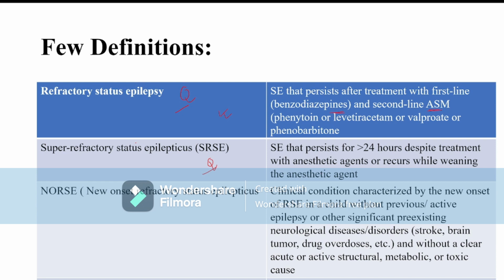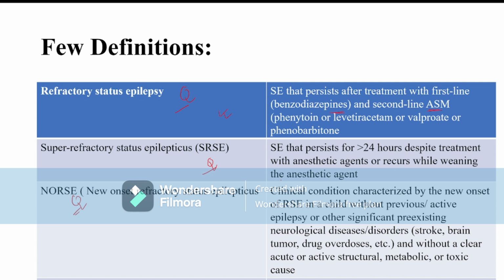What is NORS? This is all India MCQs. The full form of NORS is new onset refractory status epilepticus. That means the patient does not have any epilepsy or has not suffered from any convulsion previously. So the patient is having refractory seizure for the first time.